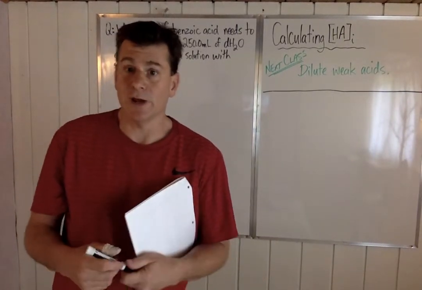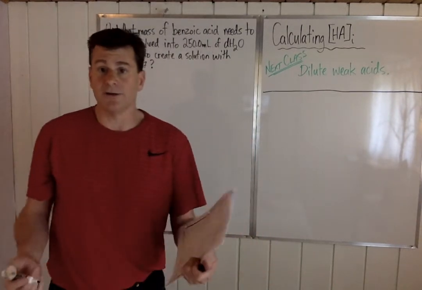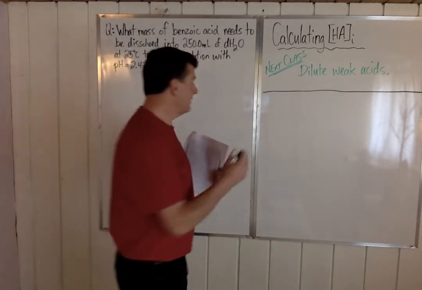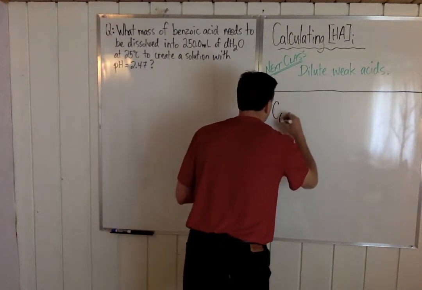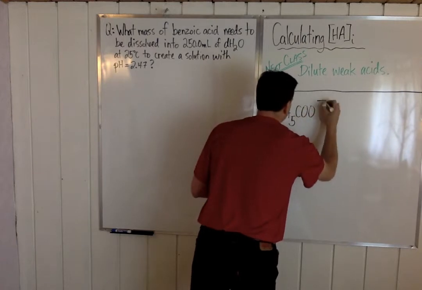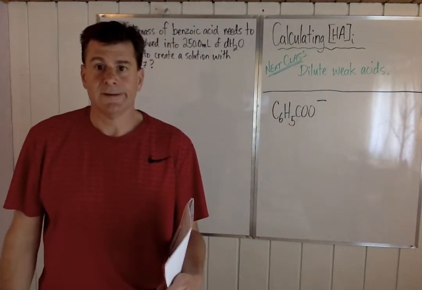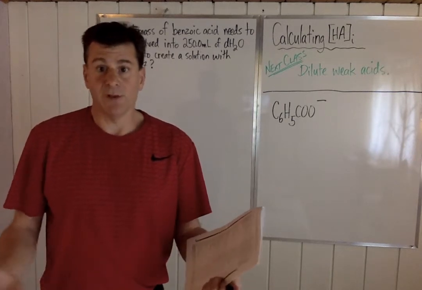Let's pretend you look up benzoate on your table of anions, and it gives you that. That means that's the formula of the anion.